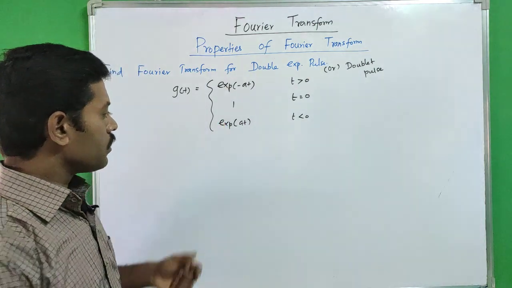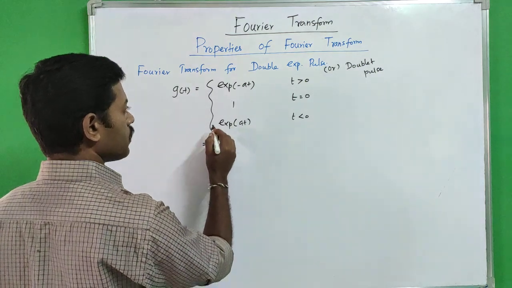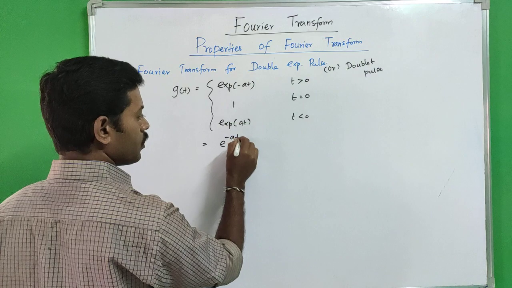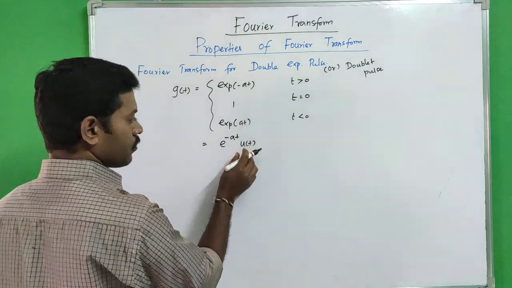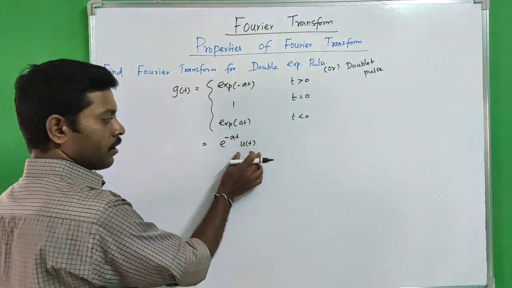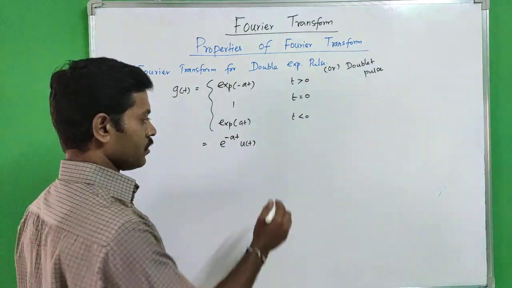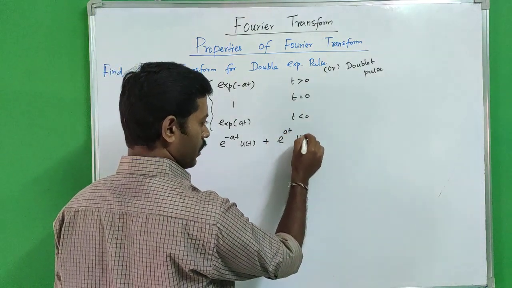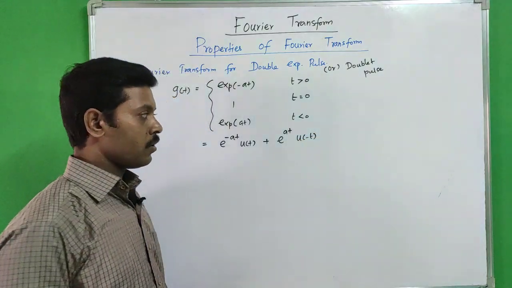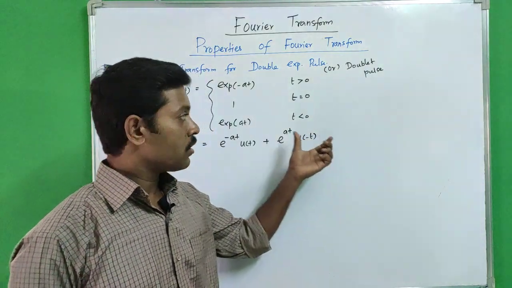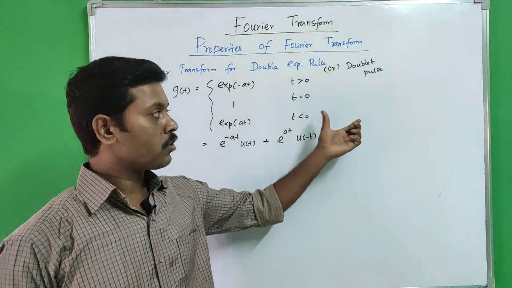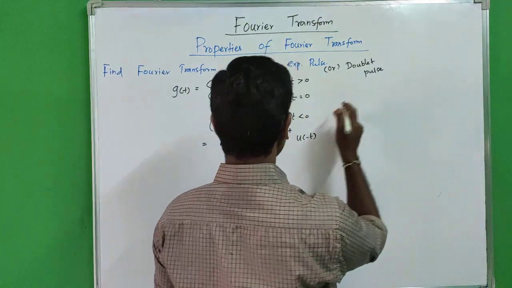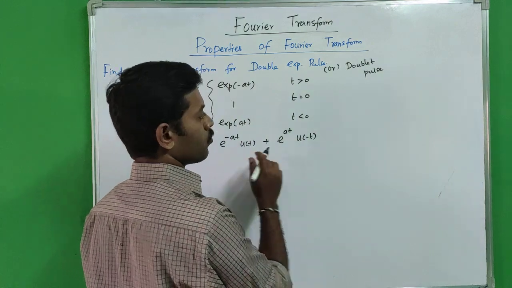So I can write this signal as exponential of minus at u of t, where for t greater than 0 we write u of t, the unit step signal, plus exponential of at u of minus t. Now I am going to draw the pulse for the doublet signal. The first one is e power of minus at u of t.